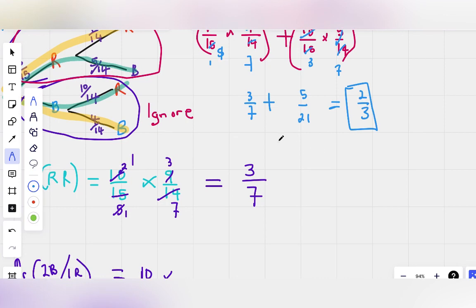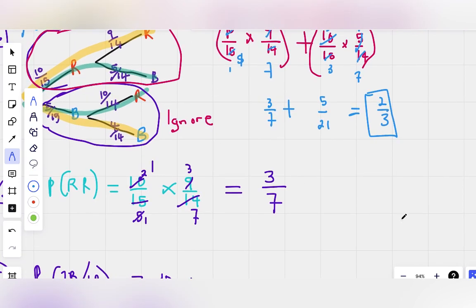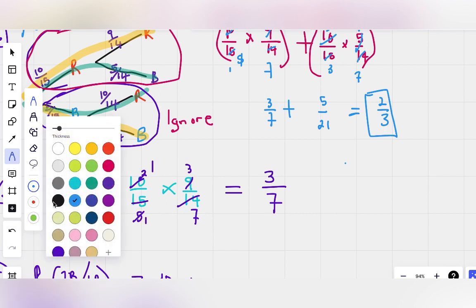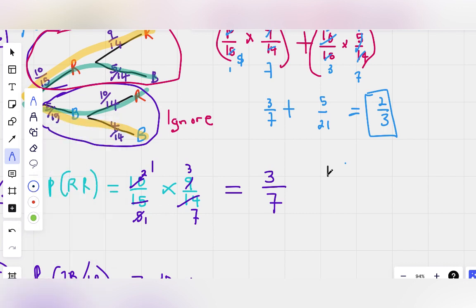So the probability of the first one, red, is 10 over 15, times this branch. Now we're solving this branch, the real question: 5 over 14 times 5 over 14 times 5 over 14, all over 2 over 3.